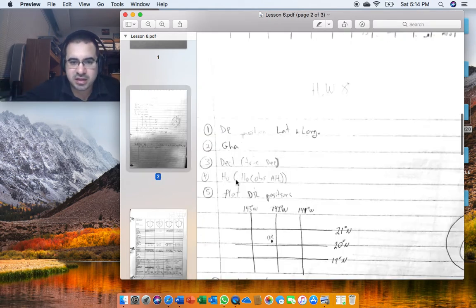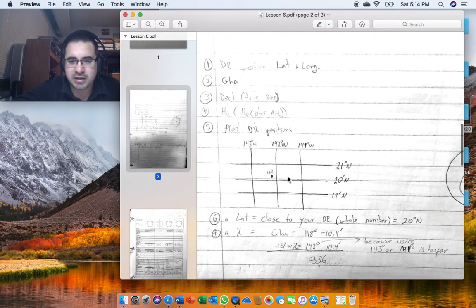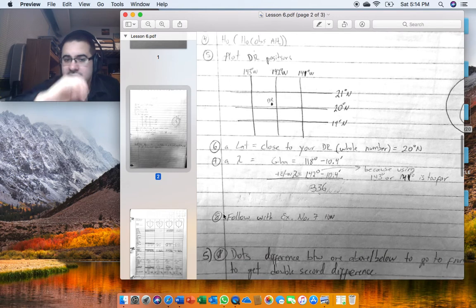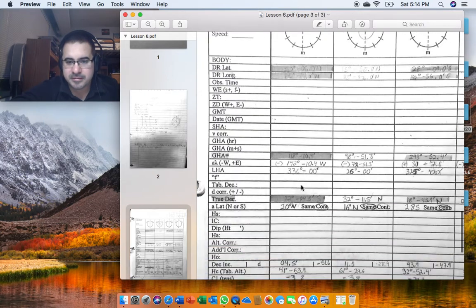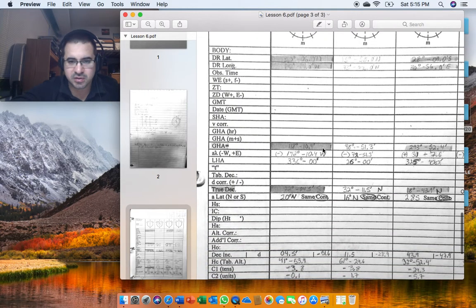We did declination, that we plotted. I think I'm going to lose some people here. The A latitude, the A longitude, and then GHA, A longitude. When it's west, bring it down, that becomes a 0.